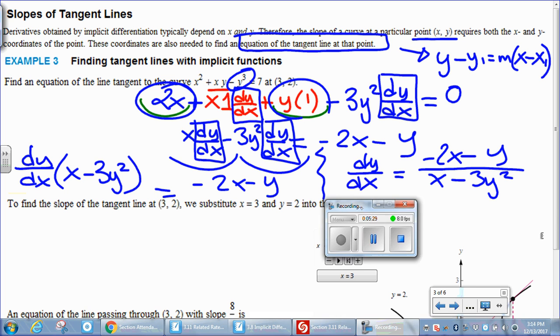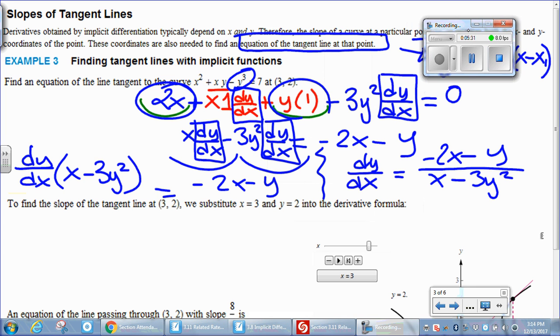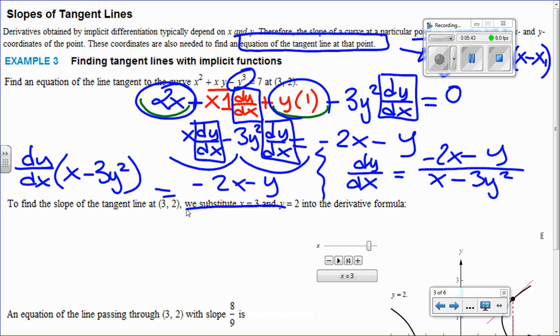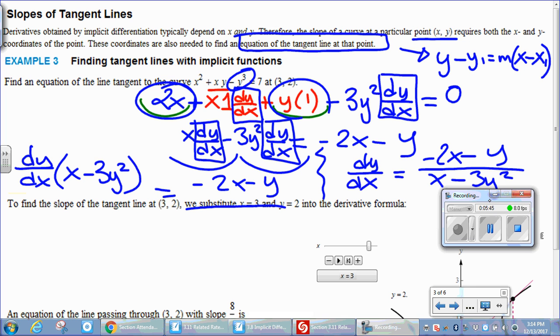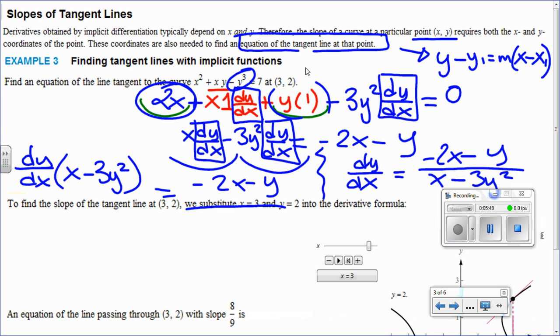Okay, now to find the slope of the tangent line, remember the slope is a number, not an equation. So we're going to have to substitute, and I have the step written for you here. We're going to have to substitute, since we're talking about something that passes through that point. The point is given here, (3, 2).